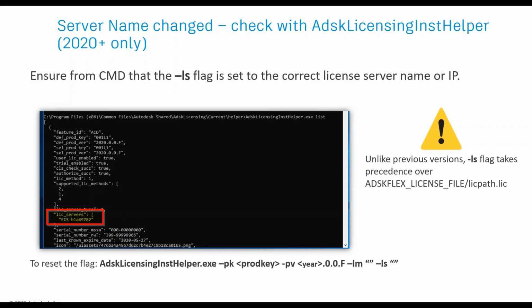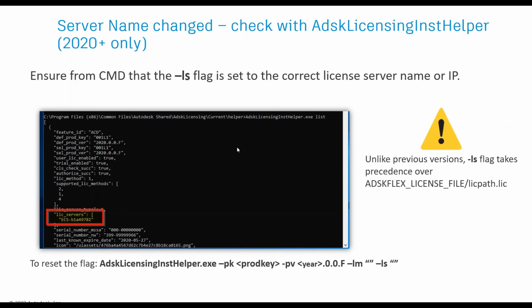With 2020, if you are a little bit familiar with it, with the install helper, you can easily verify this information with the tool itself. What this tool does is read the information that we provided during activation.